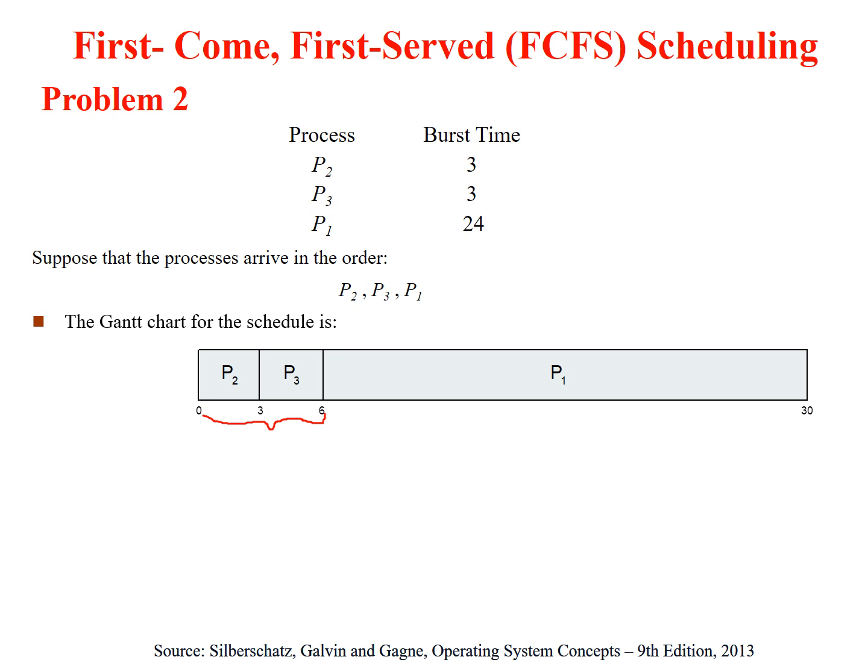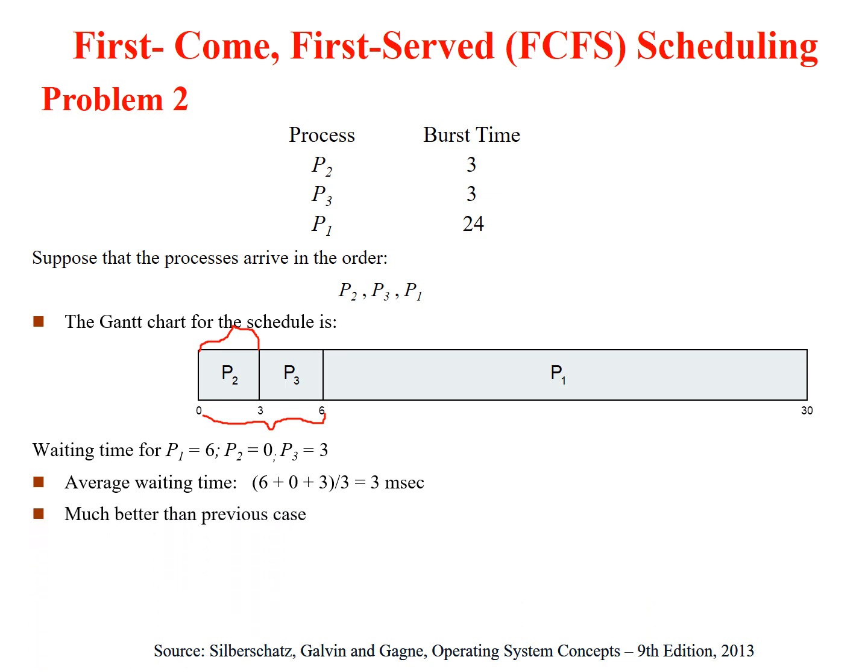Waiting time of P3 is 3. By the time P2 is getting executed, P3 must have waited. So the waiting time of P3 is 3 milliseconds. The average waiting time is 3 milliseconds. It's better than the previous case.